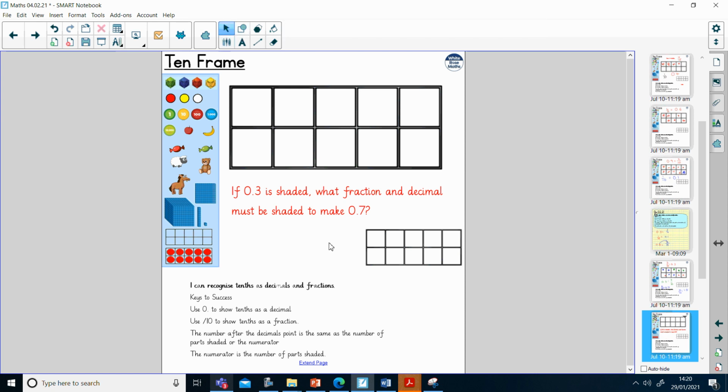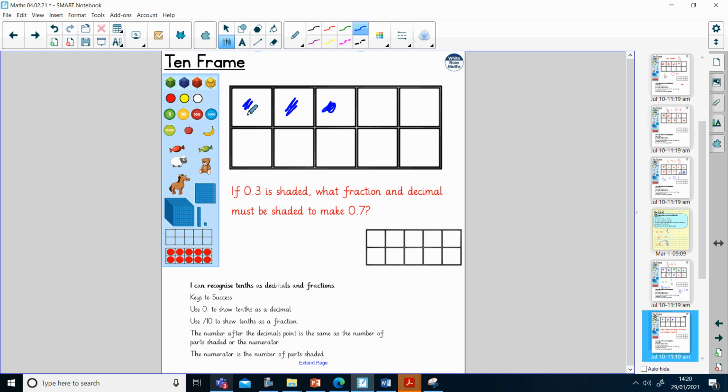If 0.3 is shaded, what fraction and decimal must be shaded to make 0.7? So if I shade my 3 for my 0.3 or my 3/10, I'm working out how many more to get to 0.7.